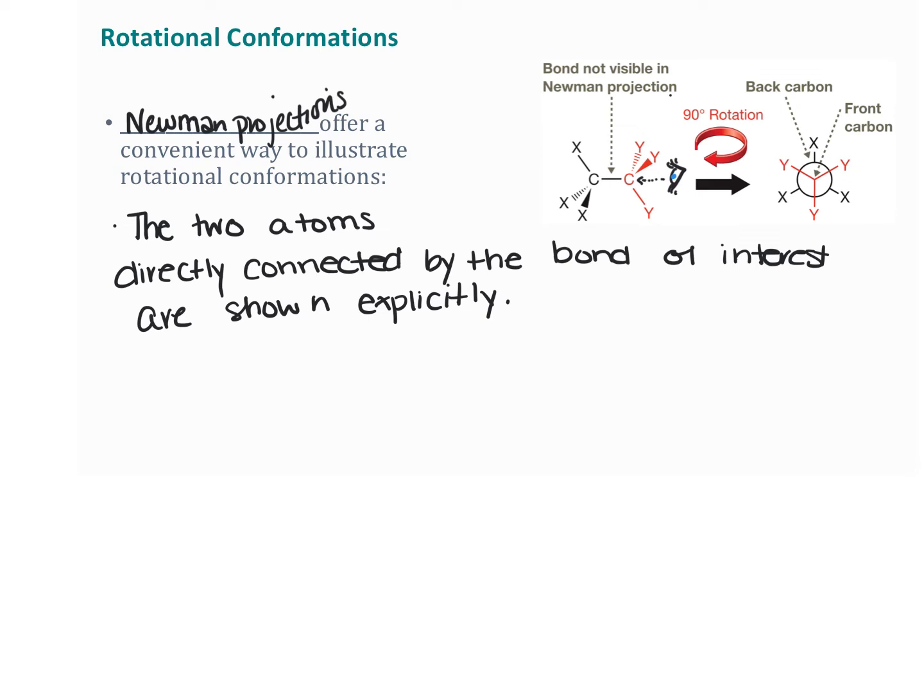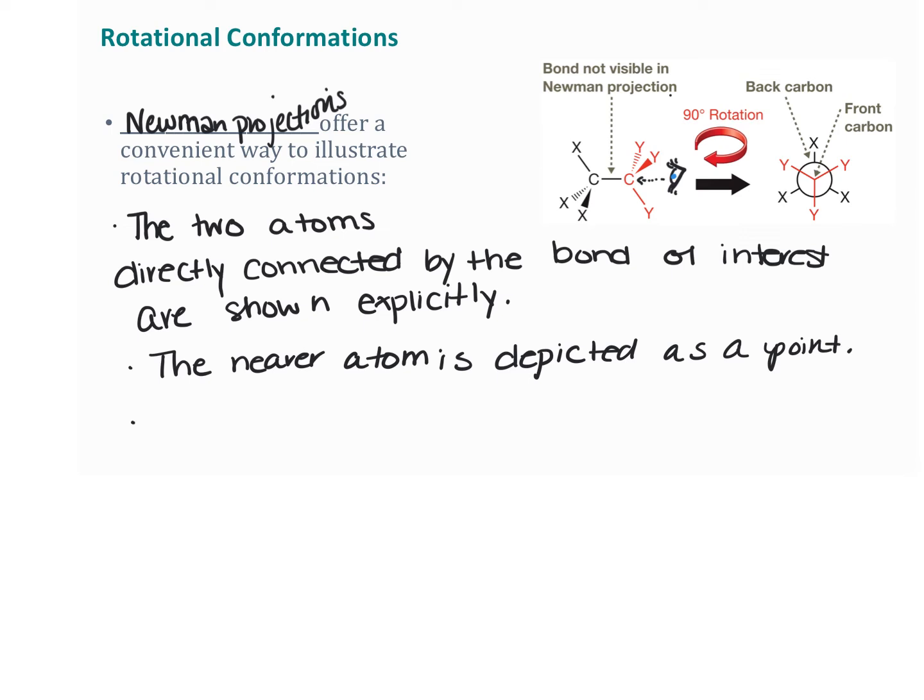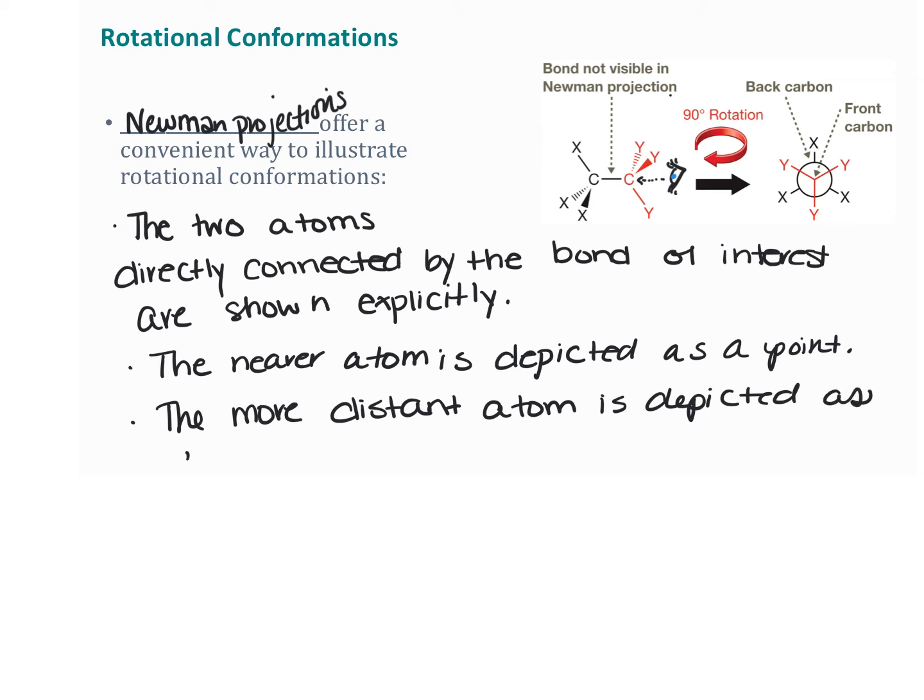When we talk about them being shown explicitly, the near atom is depicted as a point, and the more distant atom is depicted as a circle.